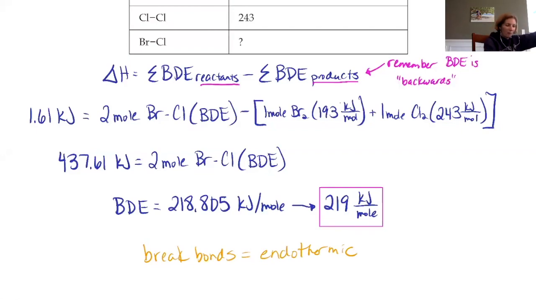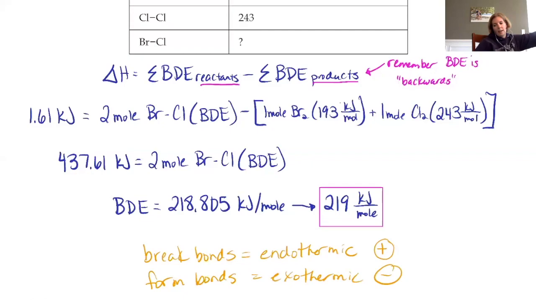That's why our bond dissociation energies are always positive numbers, because you have to put energy in. Anytime you form bonds or you form new IMFs, that's always an exothermic process. It always releases energy. And when we want to look at whether a process overall is endothermic or exothermic, that's where we compare reactants versus products to see, are we putting in more energy to break what's already there, or are we releasing more energy by whatever we've produced?